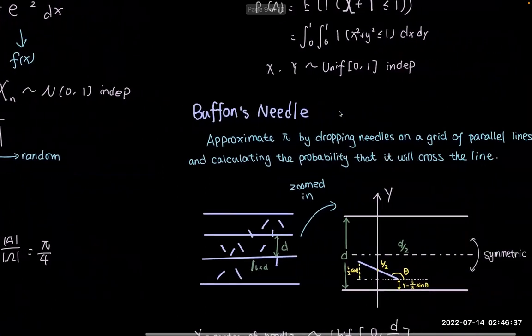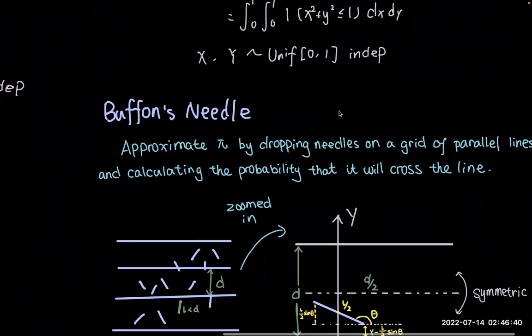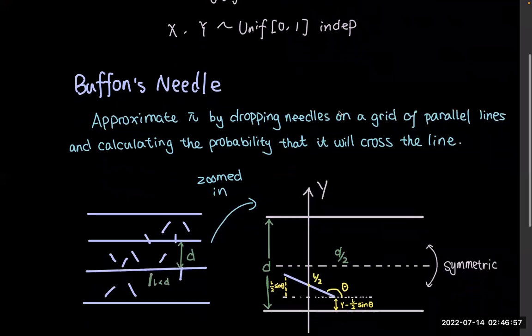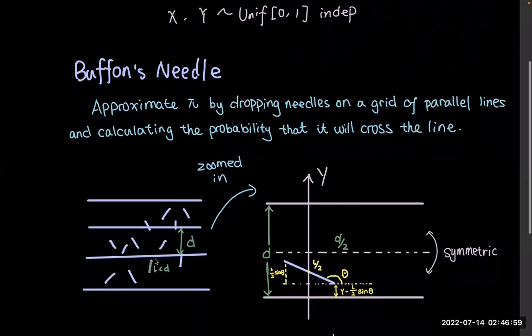A real-life example, which we may consider to be the earliest example of a Monte Carlo integration, Monte Carlo calculation, is the Buffon needle. We want to approximate pi in real life instead of using a computer. At that time, there was no computer. So we drop a needle of length L onto a paper ruled by horizontal lines, where the distance between two adjacent lines is d.